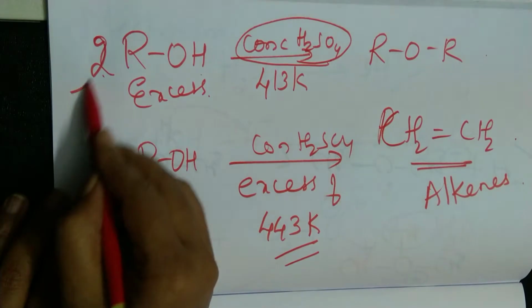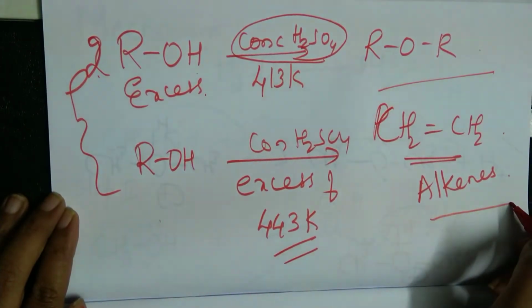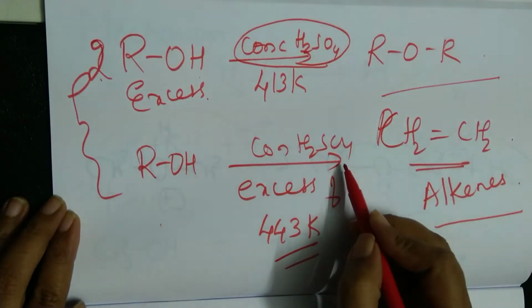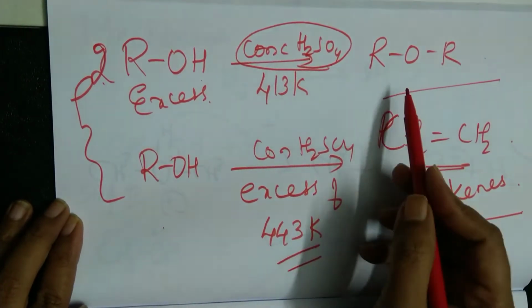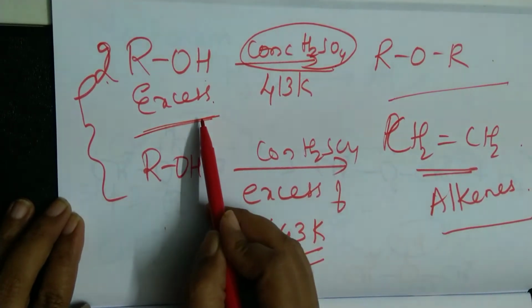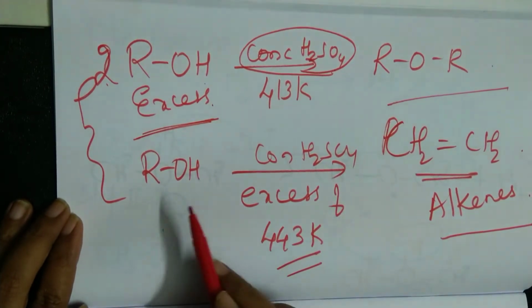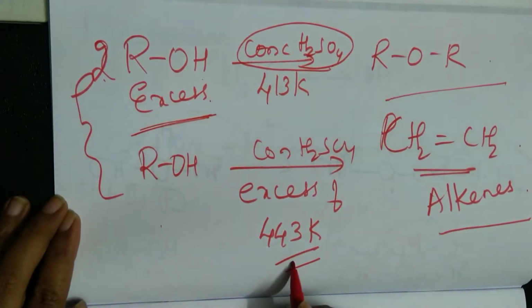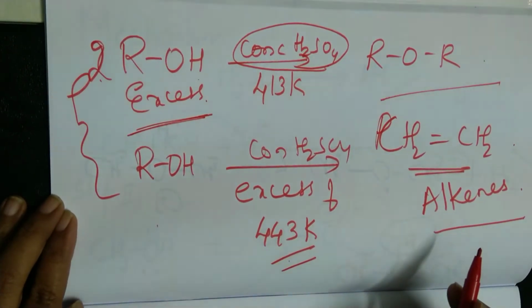So alcohols can be converted into ethers as well as alkenes using concentrated H2SO4, a dehydrating agent. When do we get ethers? When we use excess of alcohols. When do we get alkenes? When we use excess of acid, less of alcohol, and at a higher temperature we end up with alkenes. This point is to be noted.